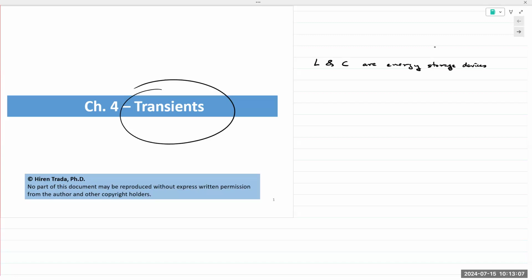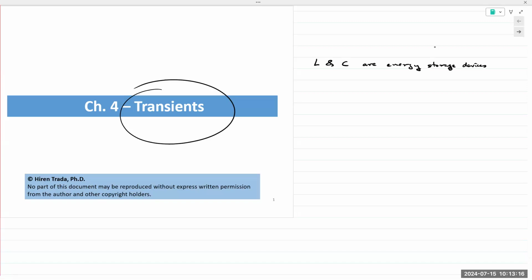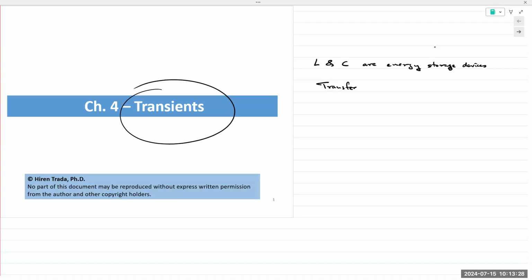So this energy transfer cannot take place instantaneously, right? We cannot snap our fingers and transfer the energy into and out of these components in an instant. The energy transfer takes a finite amount of time. Now, this amount of time depends on the size of the inductor and capacitor, the amount of energy that is being transferred, and other circuit conditions.